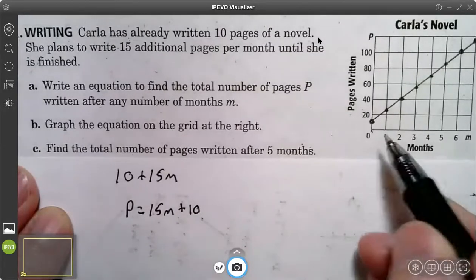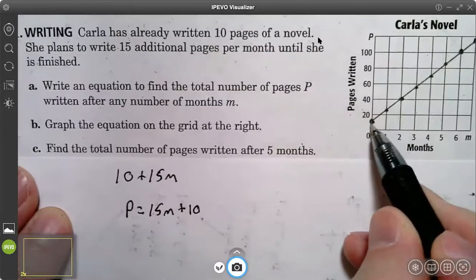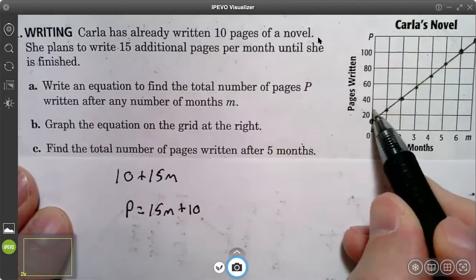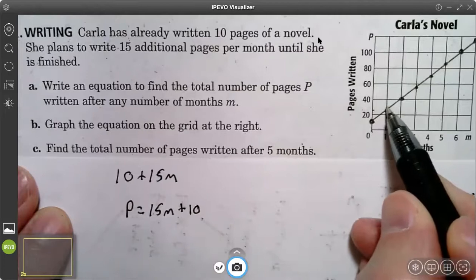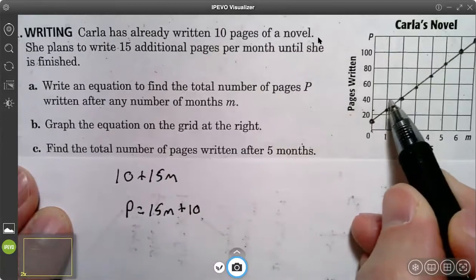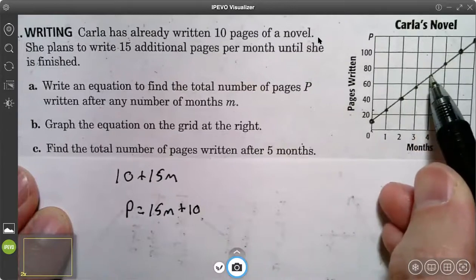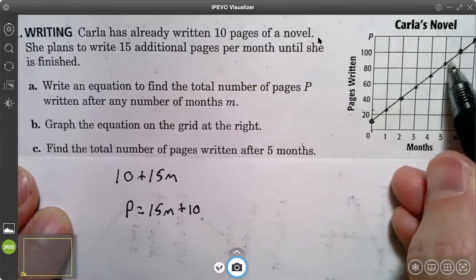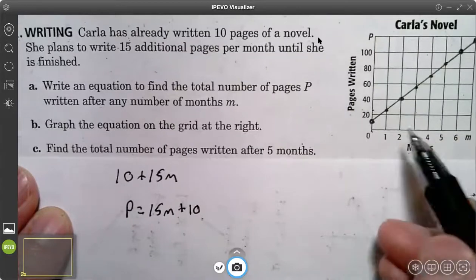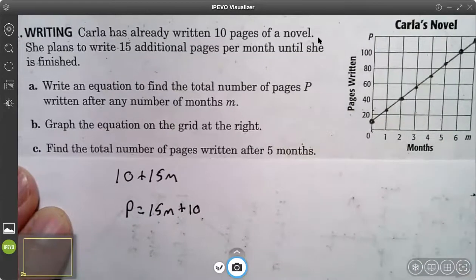My slope is 15, so if I rise 15 from 10, that's going to put me at 25 over 1. Rise 15 more from 25 to 40, 15 more up to 55, then to 70, then to 85, then to 100, then to 115. I'm rising 15, running 1 every time.